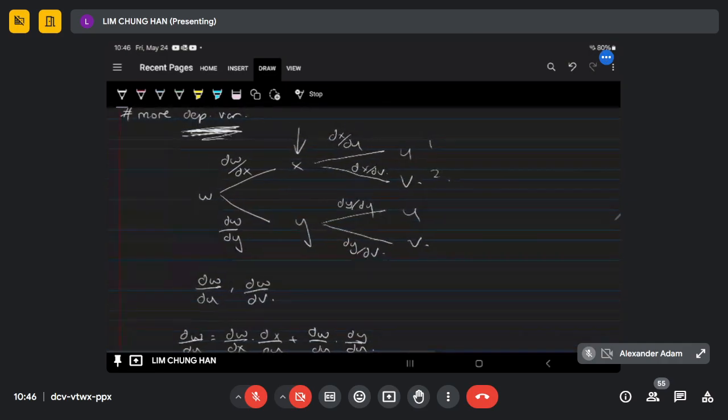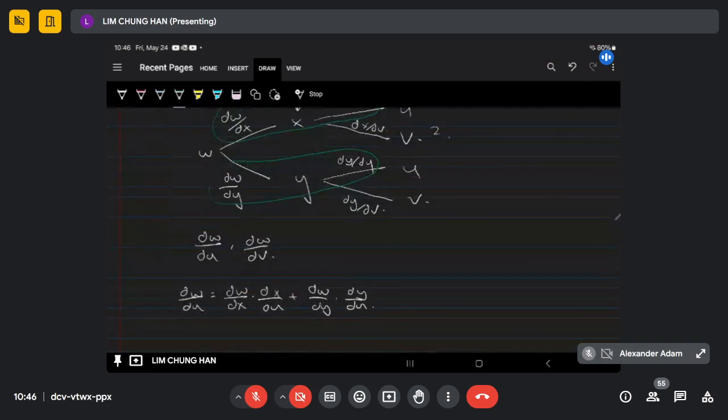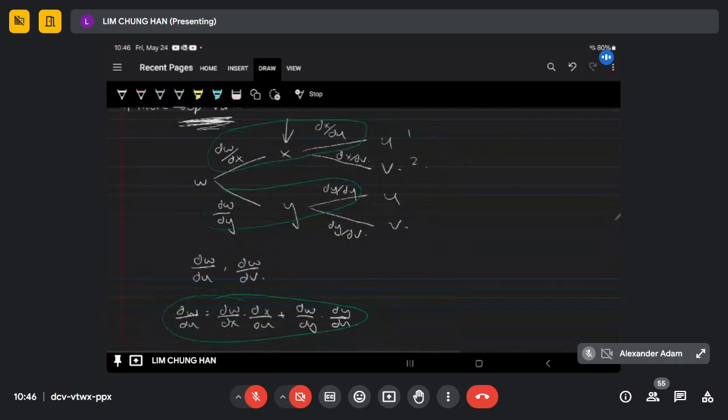So I'm going to use color again. This plus this is one solution.